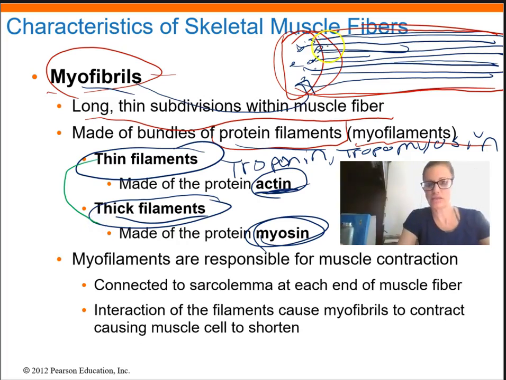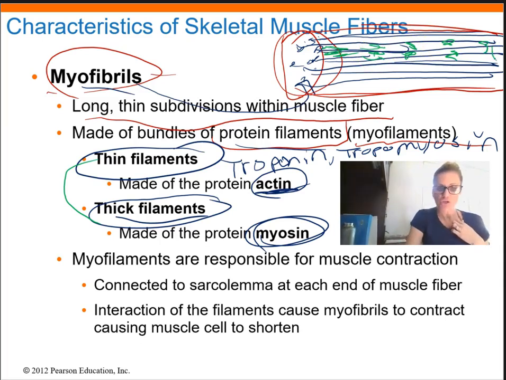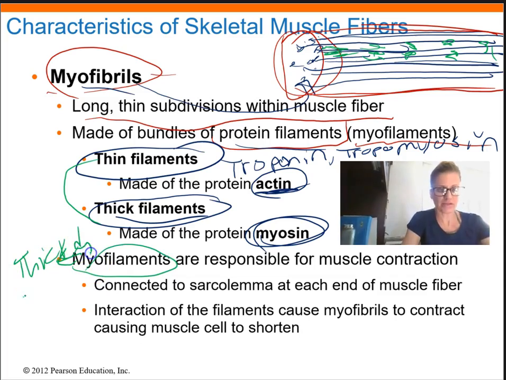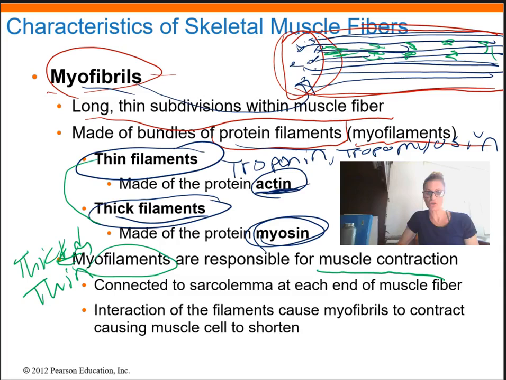So we'll see that there's thin filaments sticking out, and then thick filaments, then thin filaments, thick filaments, thin filaments, thick filaments, right? All the way down the length of each of these myofibrils. It's these actual myofilaments, the actual thick filaments and thin filaments, that are responsible for muscle contraction.